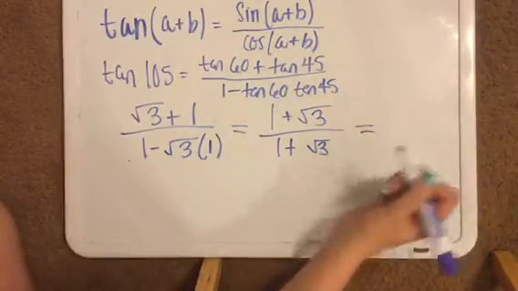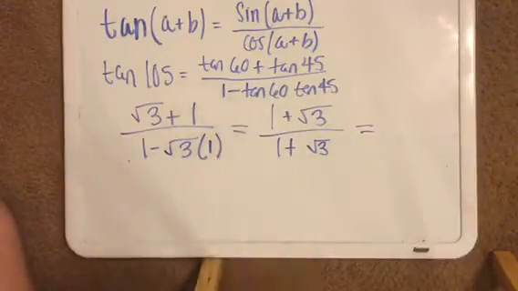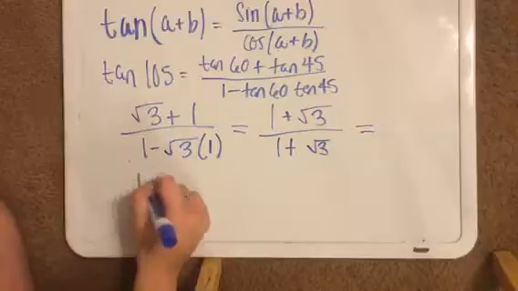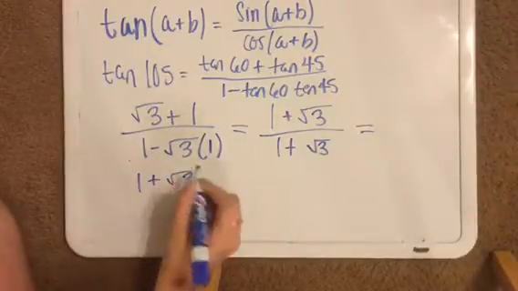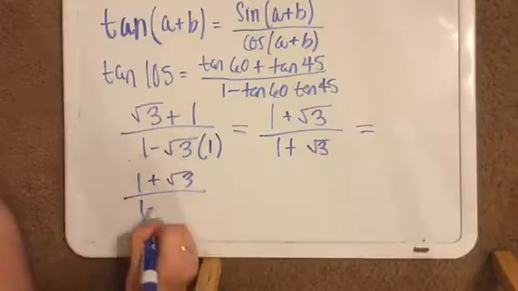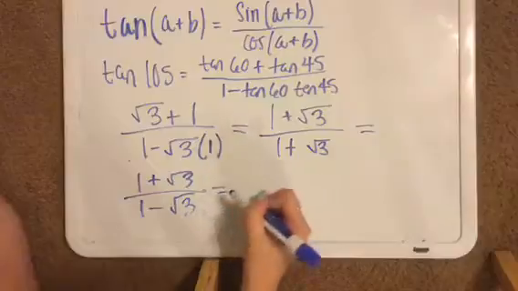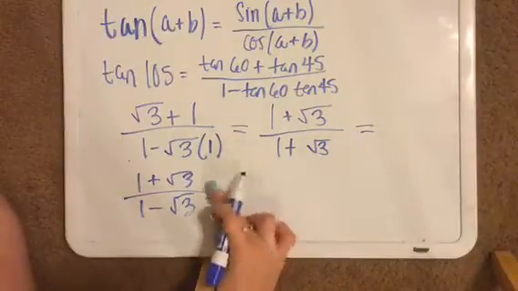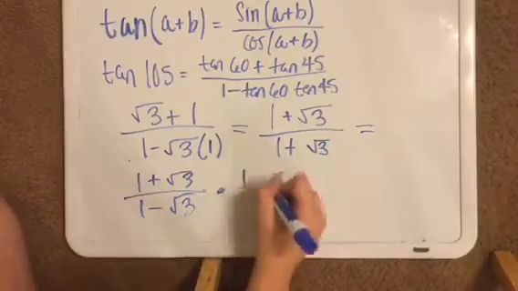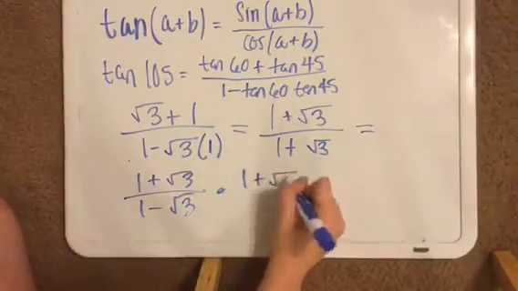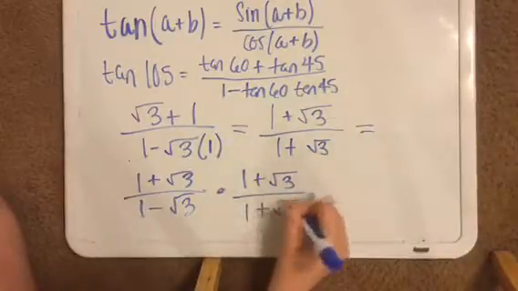You will then multiply it by the conjugate, so you will do 1 plus the square root of 3 over 1 minus the square root of 3 times 1 plus the square root of 3 over 1 plus the square root of 3.